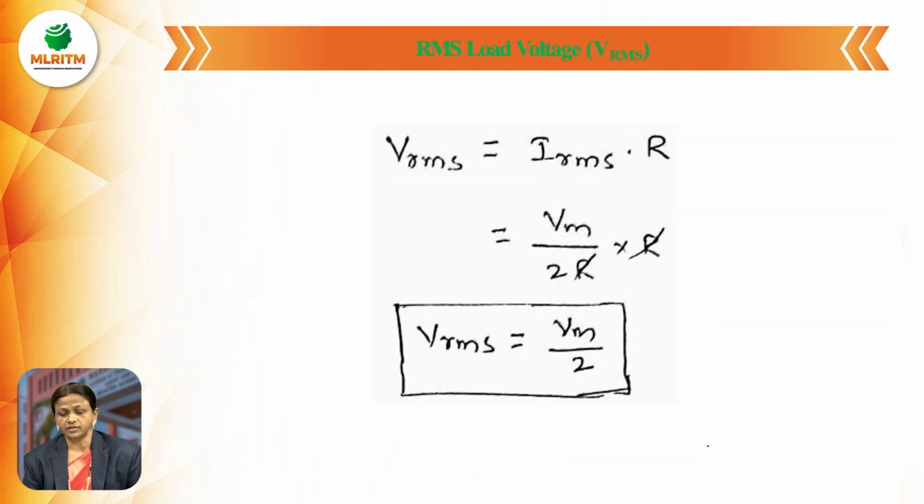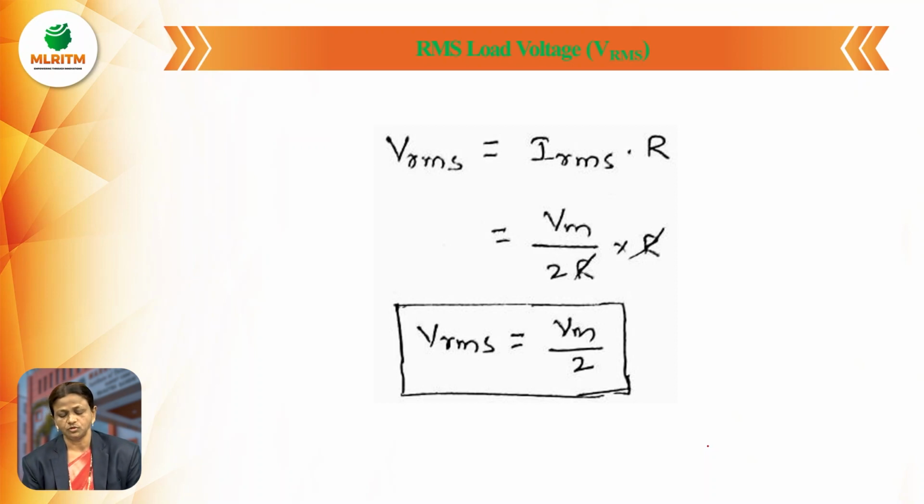Next, calculate the VRMS value, the root mean square voltage value. Using Ohm's law, V equals I into R. Here VRMS is equal to IRMS multiplied with R, since the current value is also the root mean square current value, which is already calculated.